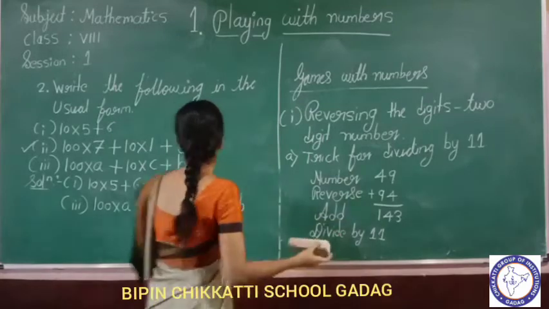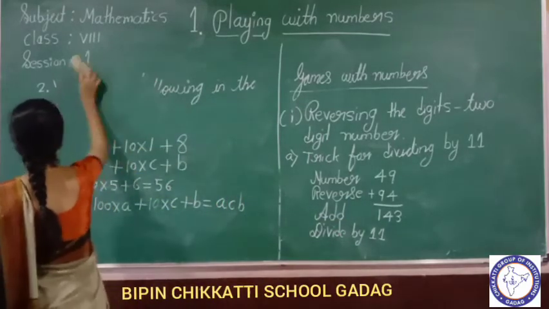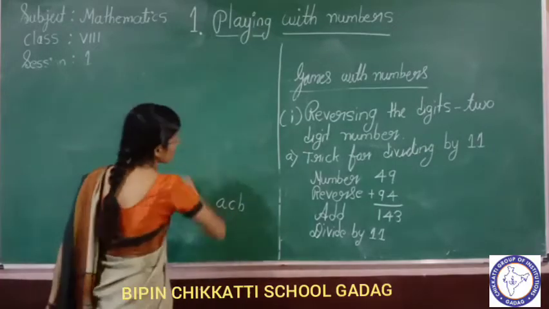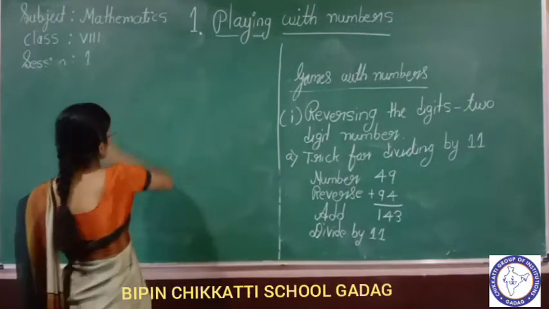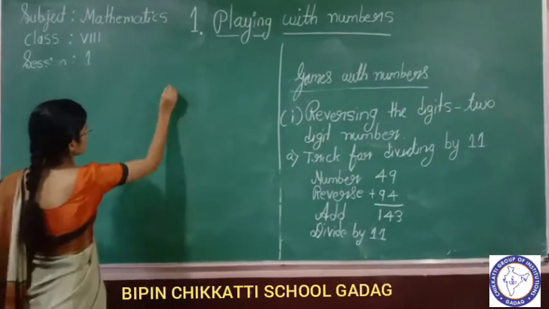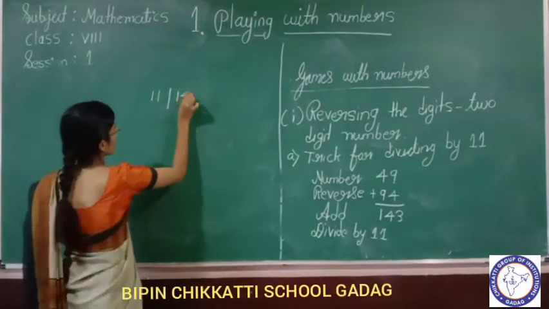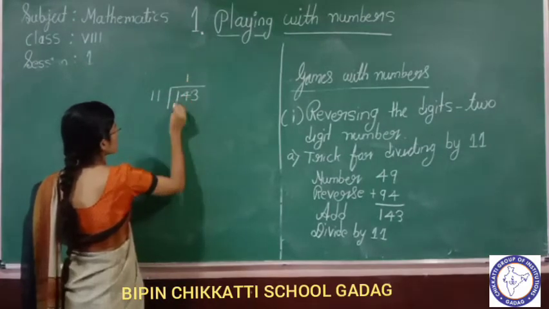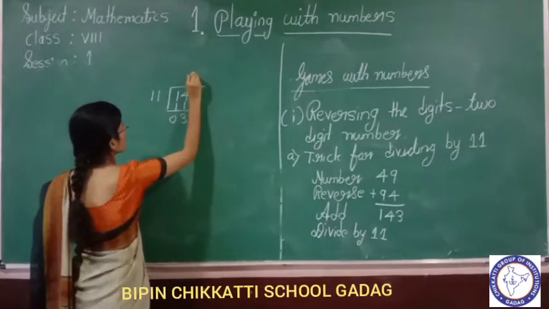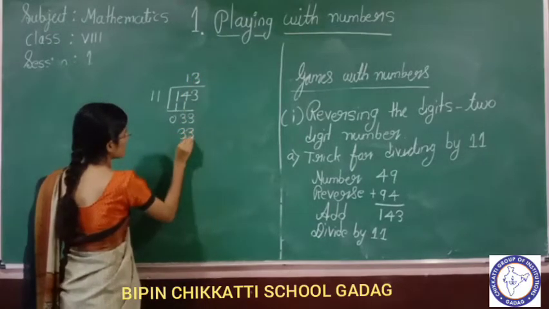Divide by 11. When we divide by 11, what will happen? Calculate it. Do the division. 11 into 143. 11 ones are 11. Here 3 remain. 11 threes are 33.